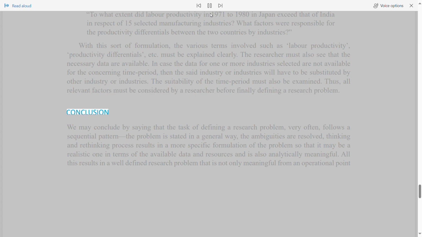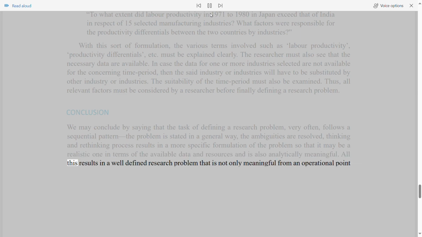Conclusion. We may conclude by saying that the task of defining a research problem very often follows a sequential pattern. The problem is stated in a general way, the ambiguities are resolved, thinking and rethinking process results in a more specific formulation of the problem so that it may be a realistic one in terms of the available data and resources and is also analytically meaningful.